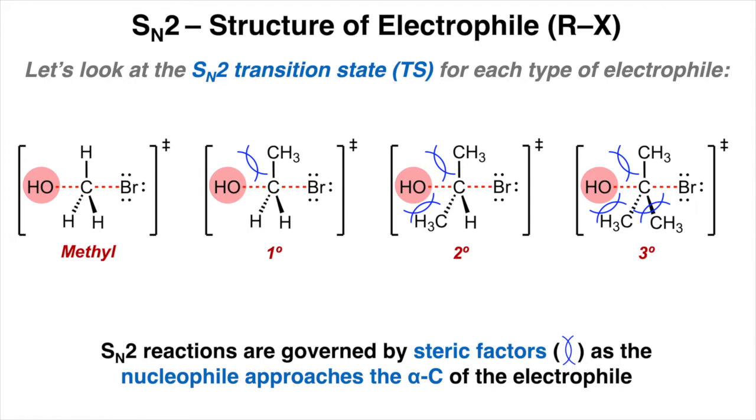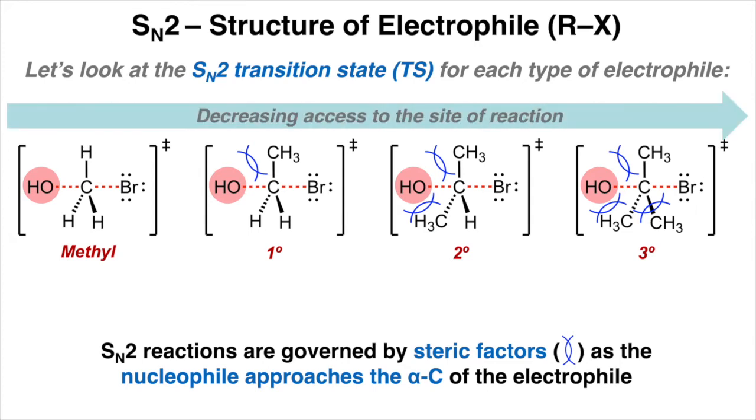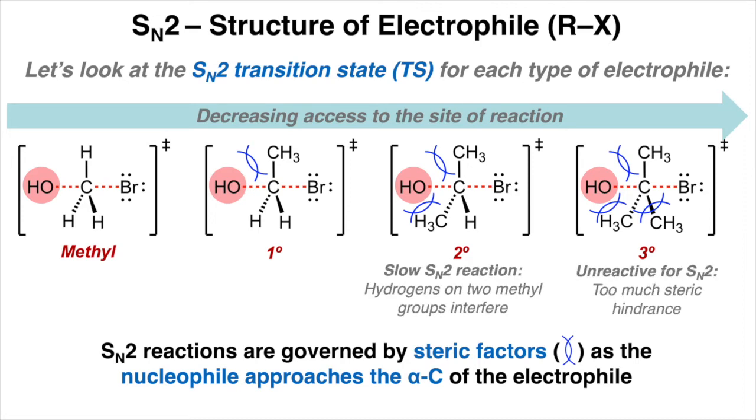But as we increase the number of beta carbons, you start to see the number of steric clashes increase. That's why secondary substrates undergoing SN2 reactions occur very slowly, while tertiary substrates can't react at all just because there's way too much steric hindrance between all 3 beta carbons with the incoming nucleophile.